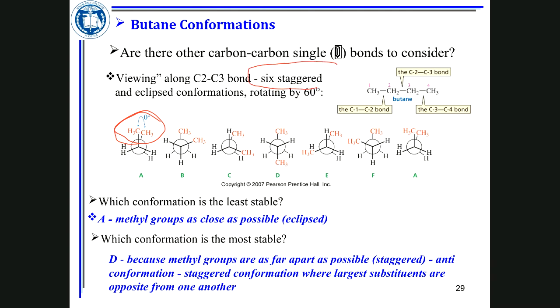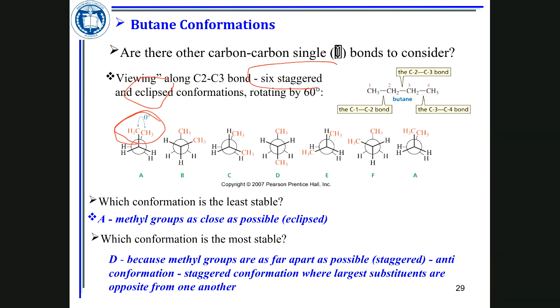We have the staggered and we have the eclipse conformation, and when you rotate it by 60 degrees, you see 0 angle, and then at 60 degrees you get staggered, another 60 degrees you get eclipse, then you get staggered. And let's count how many conformers you have for butane.